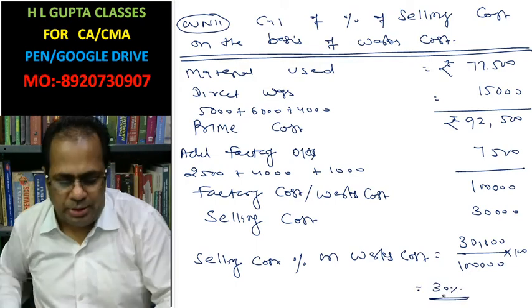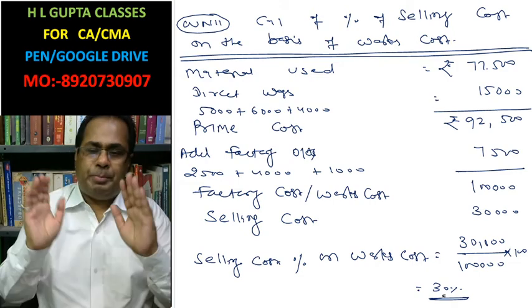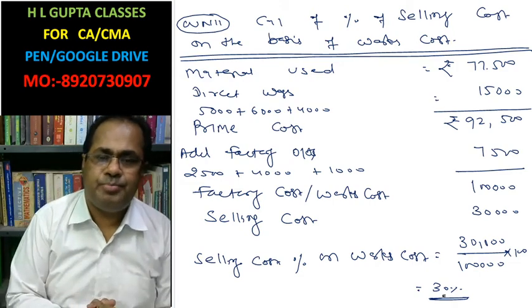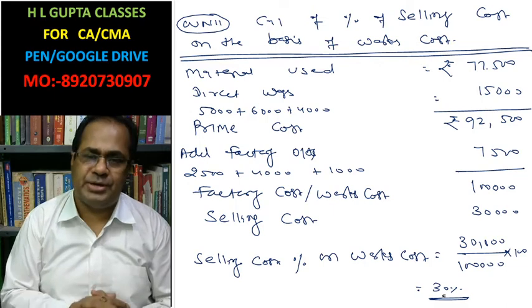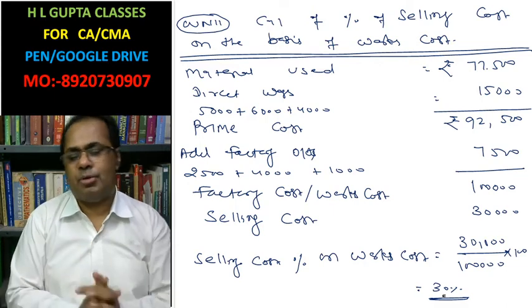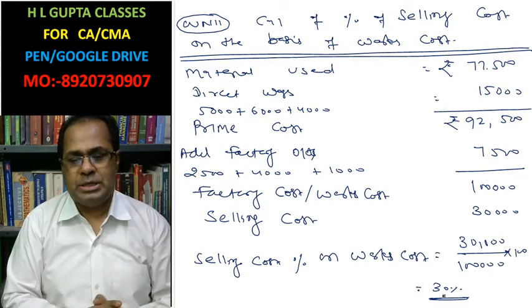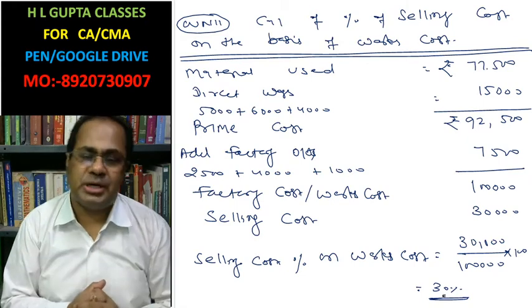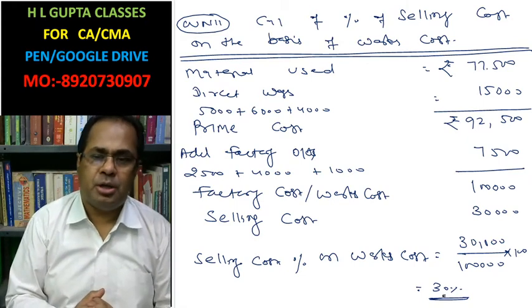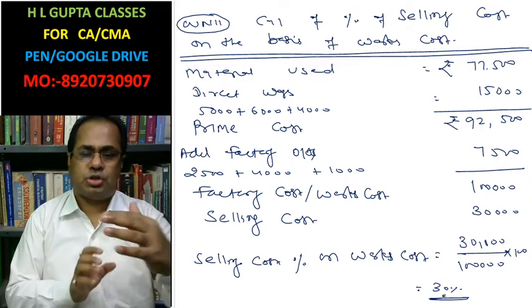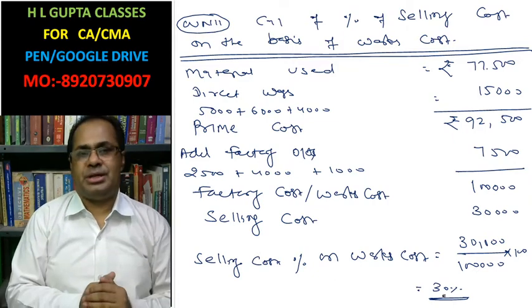Now you have calculated, on the basis of past data, the factory overhead rate. Selling cost on work cost percentage you have also calculated. Now you can make the cost sheet and selling price.